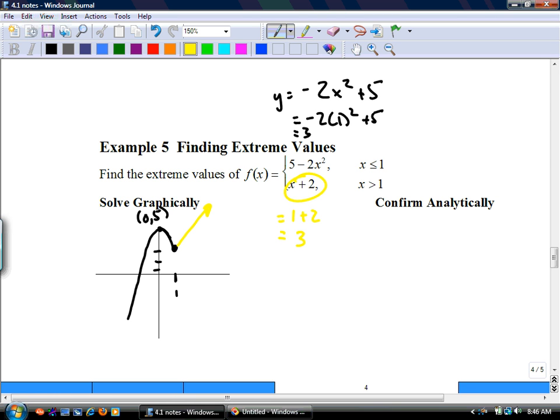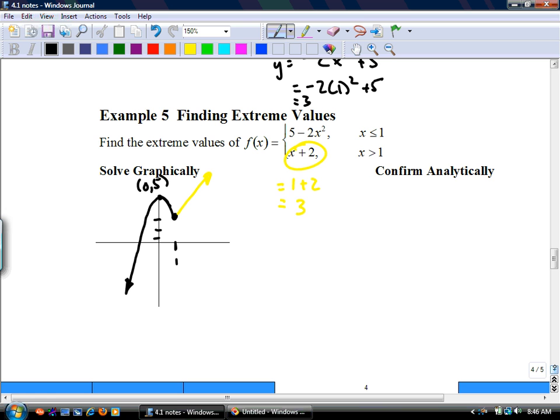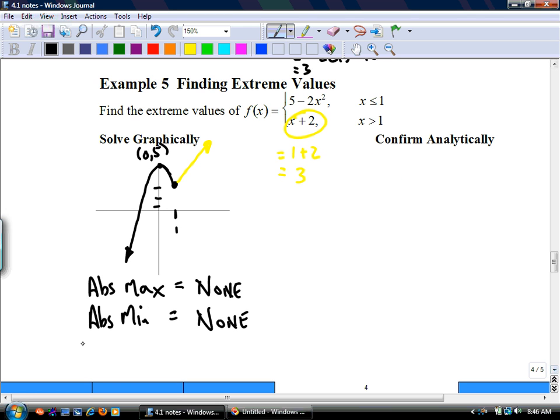Okay, is there an absolute max? Where? How would absolute min? There's a local min. Local min at 1, 3.